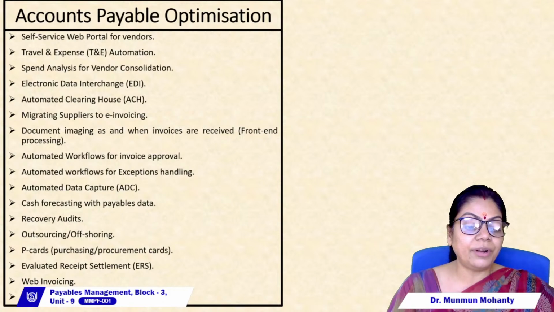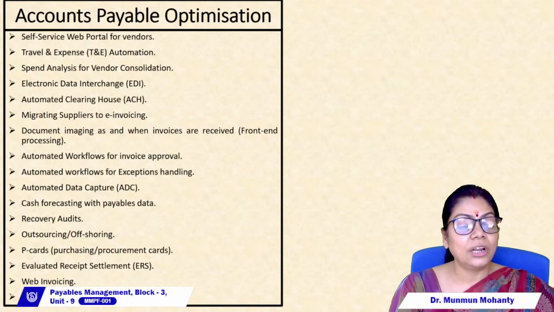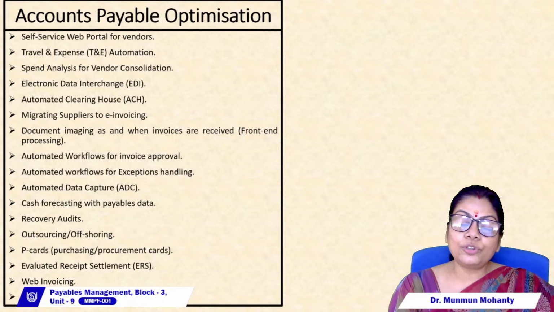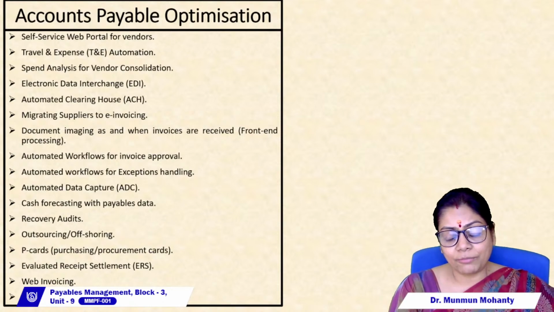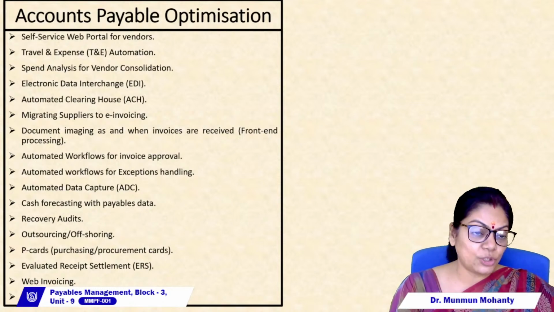Now, those 17 interesting things are: number one is a self-service portal for your vendors. Now, what is a self-service portal? These are proactive solutions for your communication with your vendors, for vendor onboarding, for supplier information management.